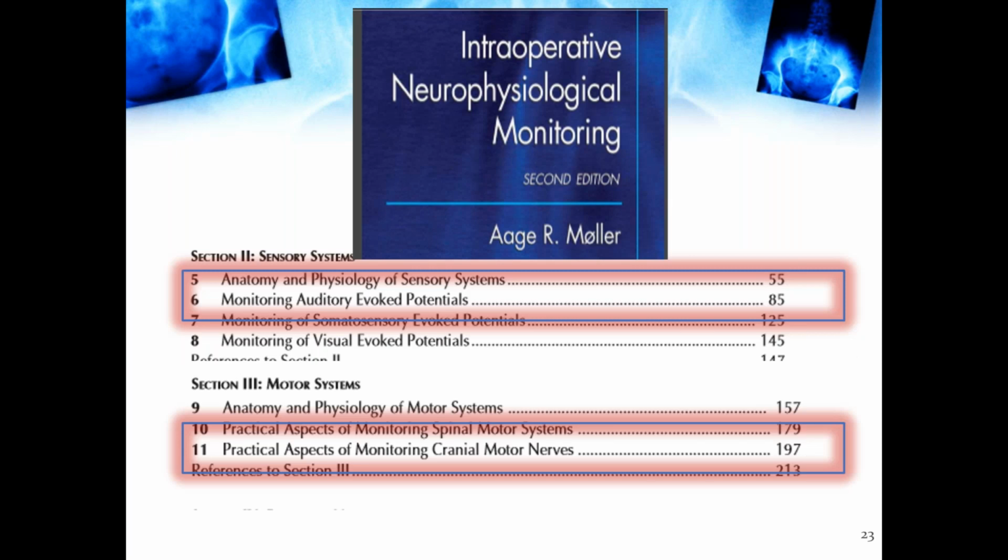For the CNIMs out there, if you aren't strong in auditory evoked potential monitoring or cranial nerve monitoring during craniotomy, the very best reference is Augie Moeller's book. And Augie's a scientist. He's a PhD audiologist, but he's a scientist.